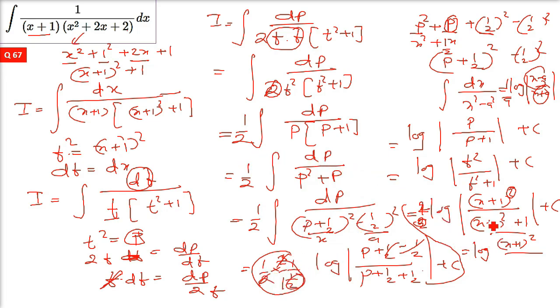Now for the denominator, x plus 1 whole square plus 1, that is x square plus 1 square plus 2x plus 1, that is x square plus 2x plus 2. That is what was originally in the question. So this is your final answer: log of x plus 1 divided by under root of x square plus 2x plus 2.